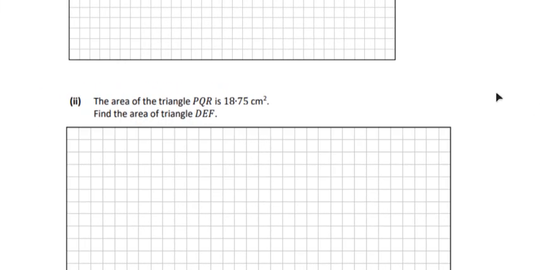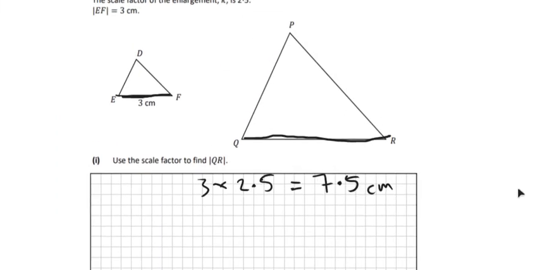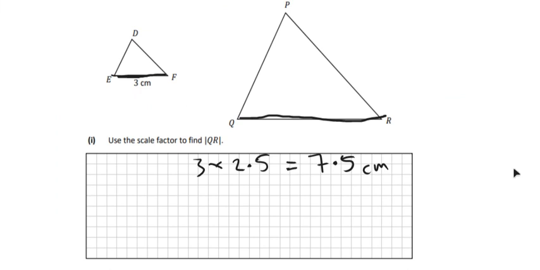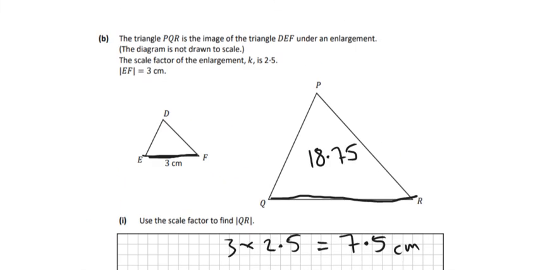The area of the triangle PQR is 18.75. So that's the big triangle, so that's 18.75. And we have to find the area of the small triangle, DEF.